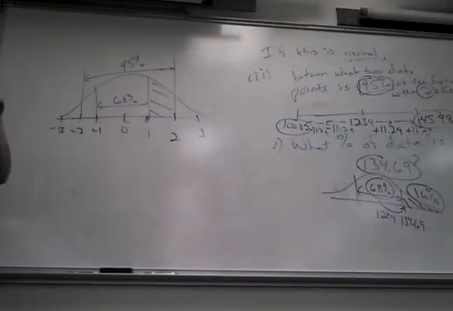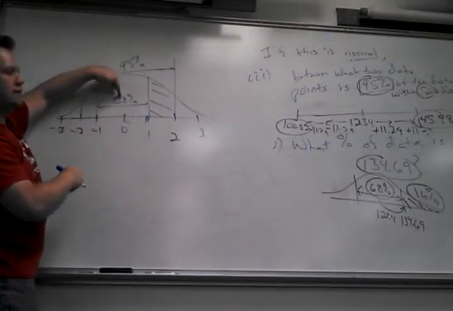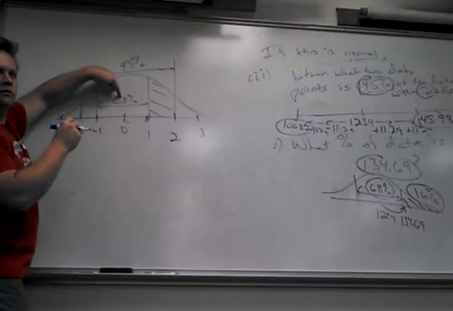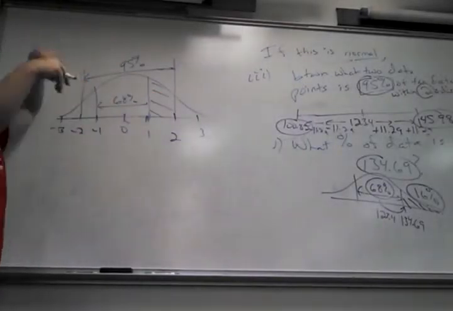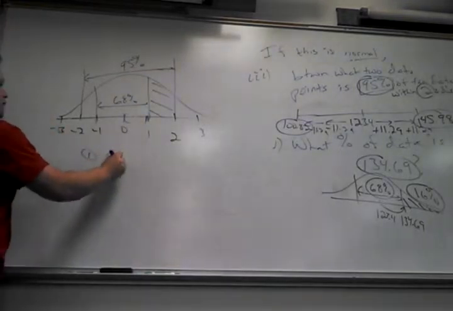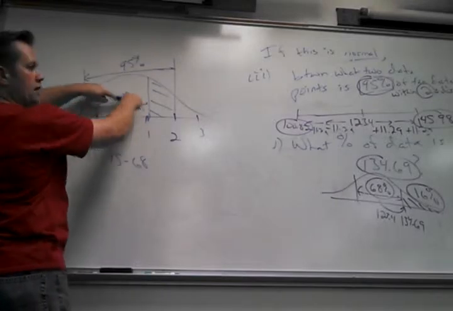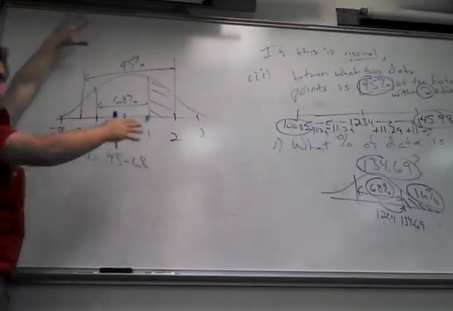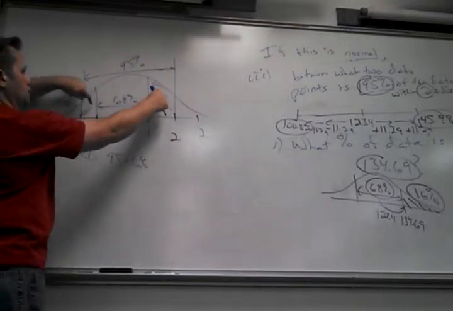There's a few different ways to do it. If you do 95 minus 68, be careful. That's both of them, so then you just have to do what with that number? I love it. One way to do it is 95 minus 68. That would be what's in here but not in there. Do you guys see that? 95 minus 68 must be in here but not in there, so it must be out here.